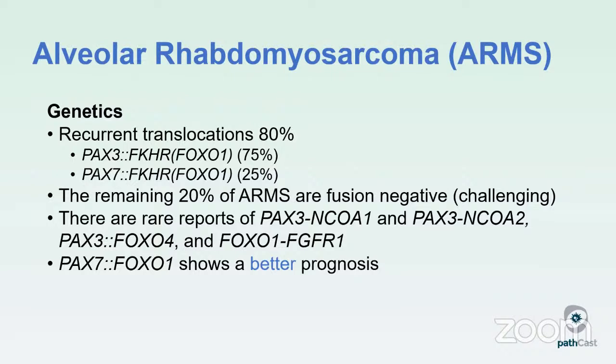There are some rare reports of other fusions, including PAX3 and COA1, PAX3 with NCOA2, FOXO4, FGFR1, but there's currently debate whether or not these are actually alveolar rhabdos. So for practical purposes, the top two with PAX3 and PAX7 are the ones that we're looking for. It's been shown that the prognosis of the fusion negative ones and the ones that have fusion with PAX7 are akin to prognosis of embryonal rhabdo, and they show a better prognosis.